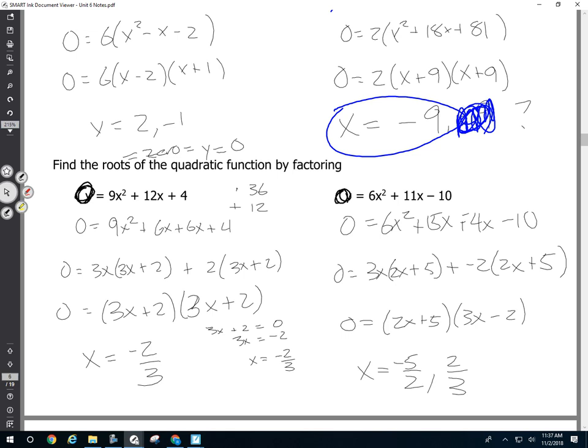Stuff isn't disappearing on us. Factoring did not disappear on us. Okay. Solving quadratics, we need a different approach.